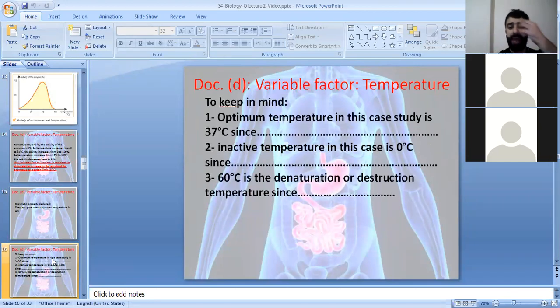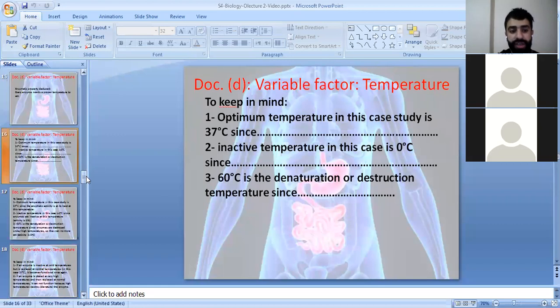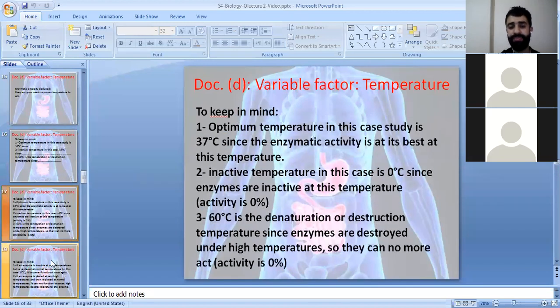So you have to keep in mind that the optimum temperature in this case study is 37, since the enzymatic activity is at its best condition. Inactive is 0, since the enzyme is inactive at temperature 0. And 60 degrees is called denaturation or destruction.